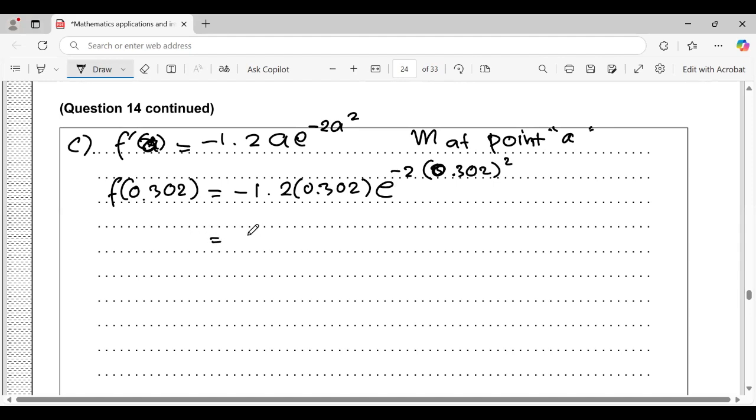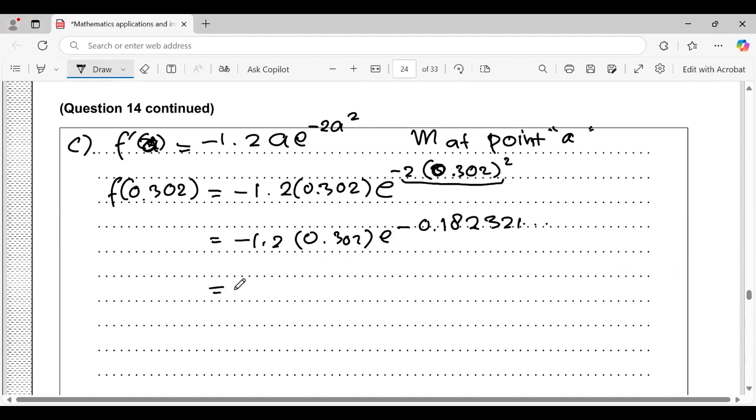And we calculate, the result is minus 1.2 e power. I mean, we calculate this exponent, it becomes minus 0.182321.